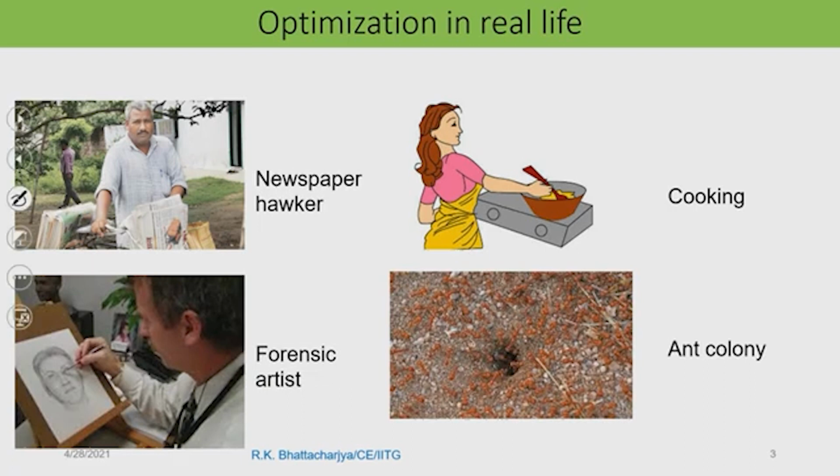Let me take the example of the newspaper hawker. What is he trying to do? He is trying to distribute the newspaper in a colony. Maybe there are different quarters, and suppose he is distributing in an education institute.